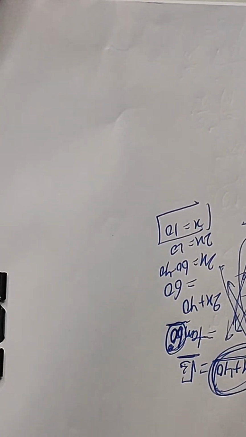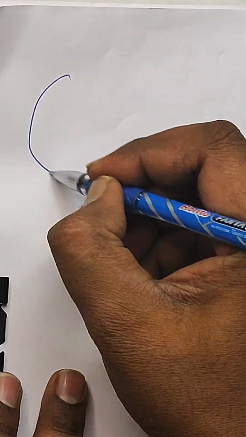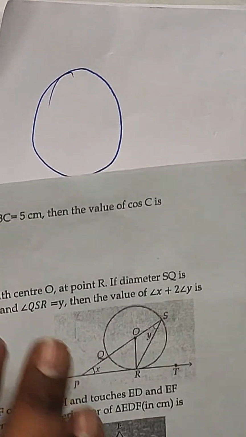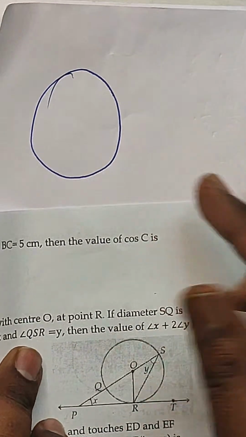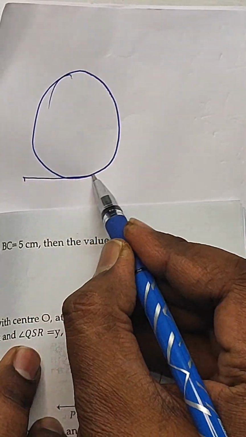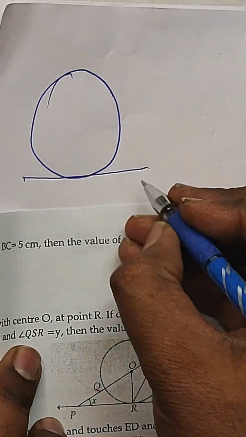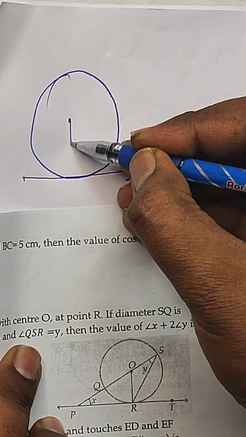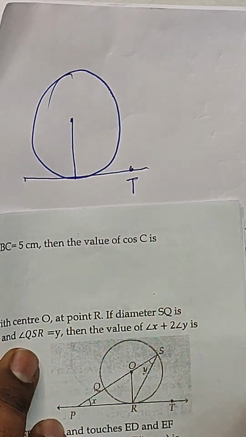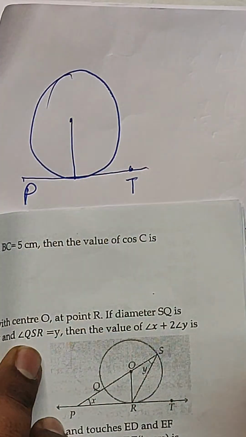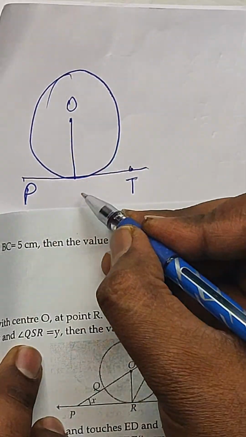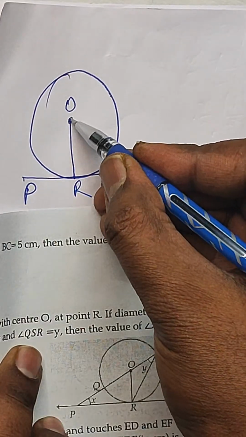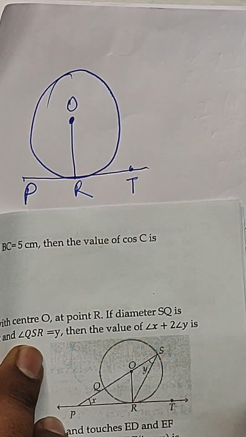I think this is visible properly. So this is a circle. Into this circle, it is given that this point is T, this is the center, and basically PT is the tangent. This is O, this is R. The center is shifted a little upward, but don't worry, consider this as the center, please, right?